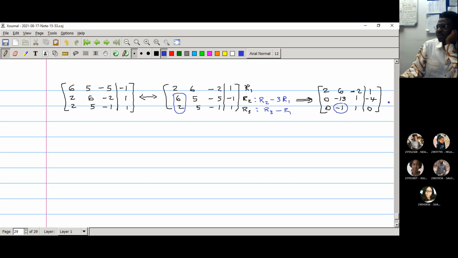Now this is our new pivot row, R2. We have R2, and this is our R3. Right, so we concentrate here. So we have R3 minus what? Negative 1 by 13, isn't it?